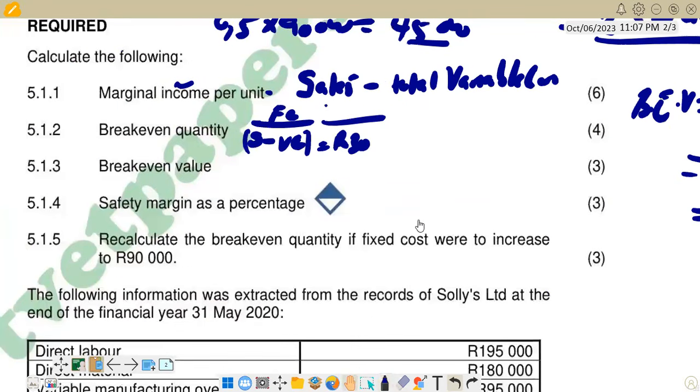Right, from break-even value, you've got the safety margin as a percentage.